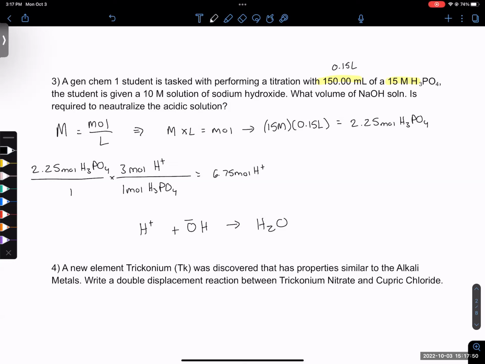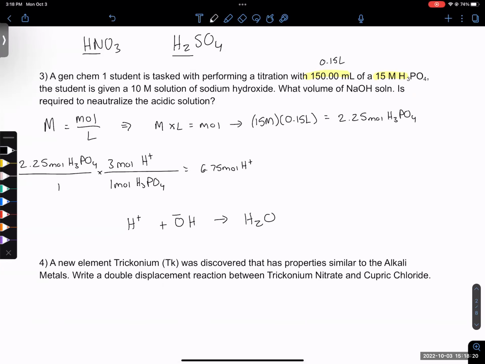Yeah, something like nitric acid has 1 proton to donate, 1 H plus, therefore it's monoprotic. Something like sulfuric acid has 2 protons, therefore it's diprotic, it's going to donate 2 protons, right? And like we see in this problem, what would H3PO4 be? Triprotic, right? Okay. Let's go ahead and go on with this problem.